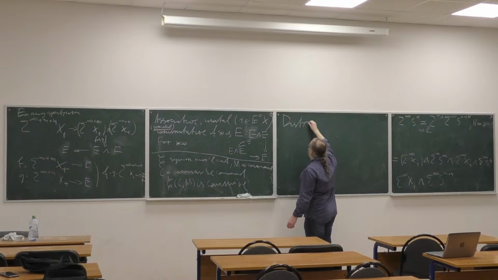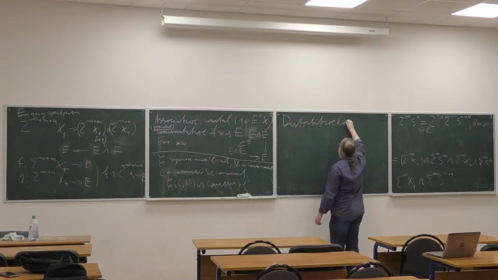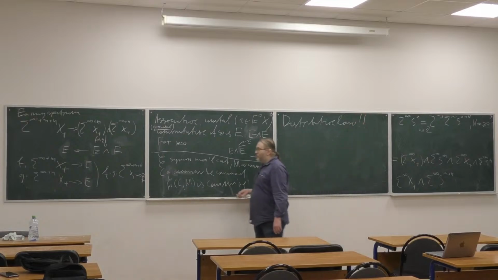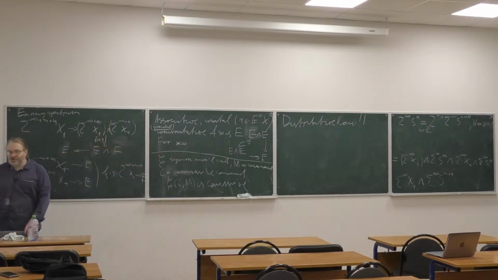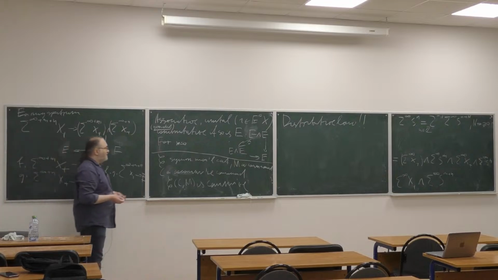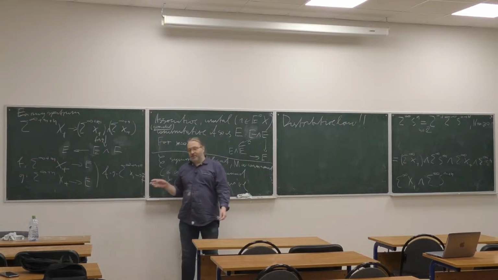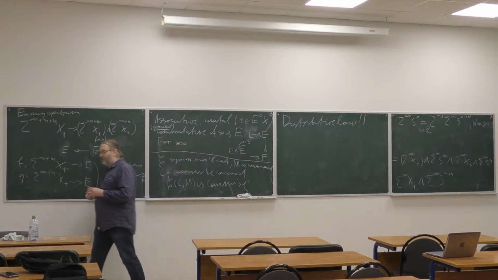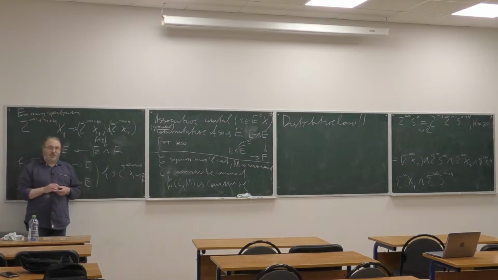Okay, let me also mention the distributive law, which we started proving but didn't manage to finish. But not all hope is lost, and maybe we'll be in a better position next time to prove this.